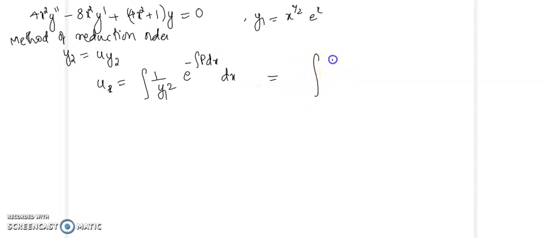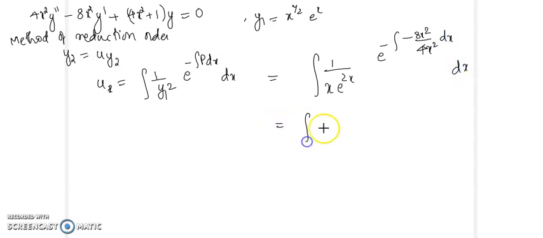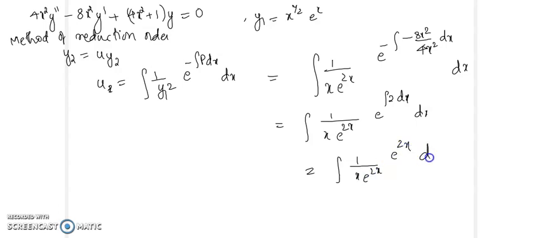Using this, here you will get integral 1 by x e raised to 2x, e raised to minus integral, where p is the coefficient of y dash, that is minus 8x square by 4x square dx. So that will be integral 1 by x e raised to 2x into e raised to 2x dx.